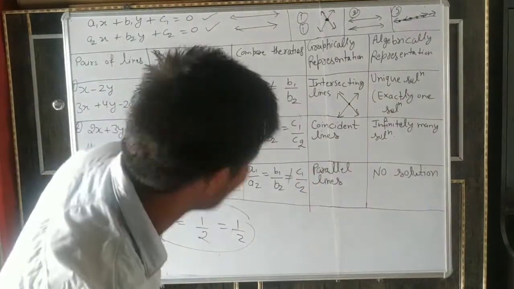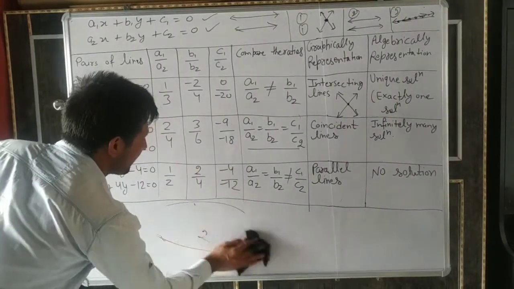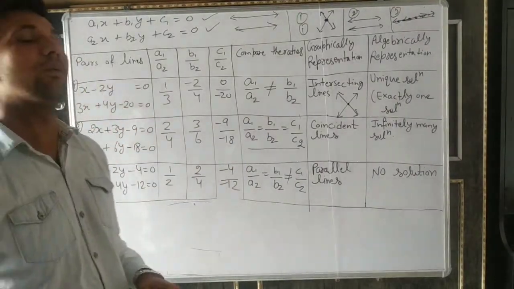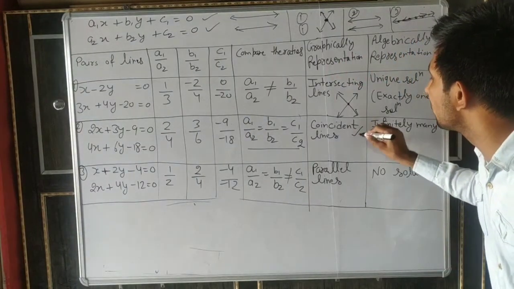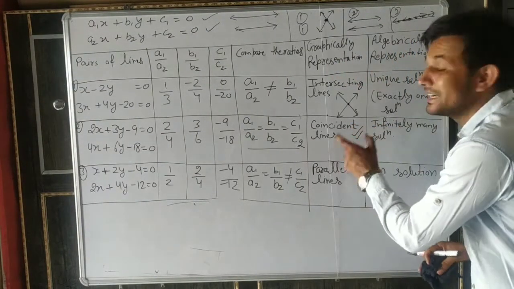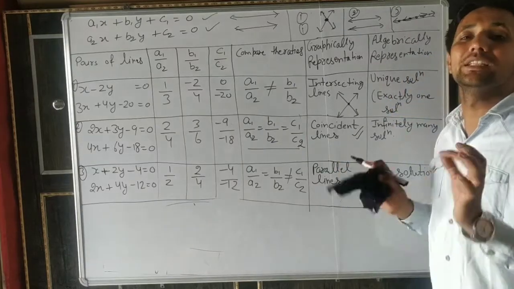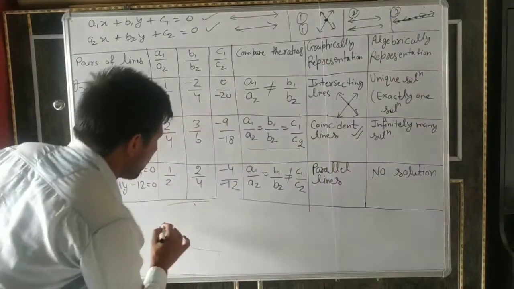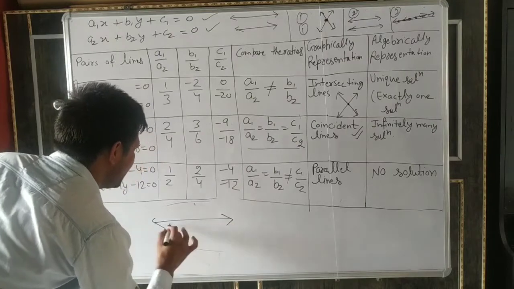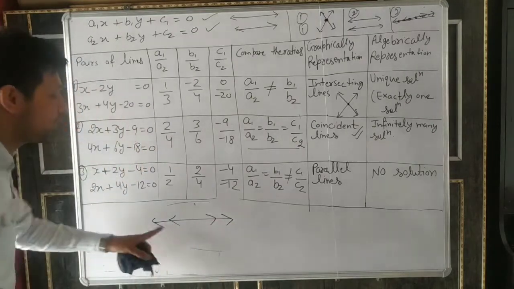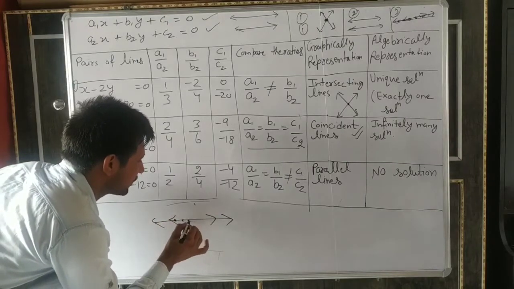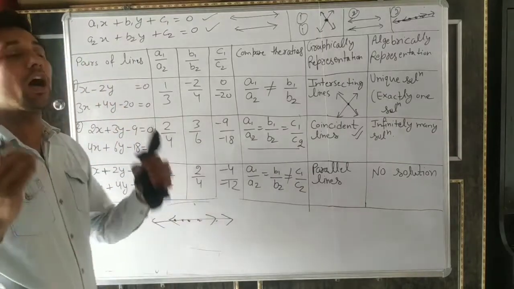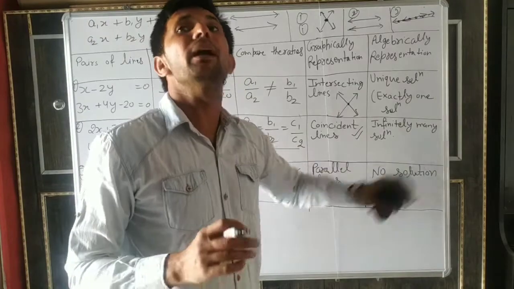So always remember, if A1 by A2, B1 by B2 and C1 by C2 are all equal, we call these coincident lines. Coincident lines mean both lines lie on each other, and if two lines lie on each other, how many common solutions? 1, 2, 3, 4? There are infinitely many solutions.